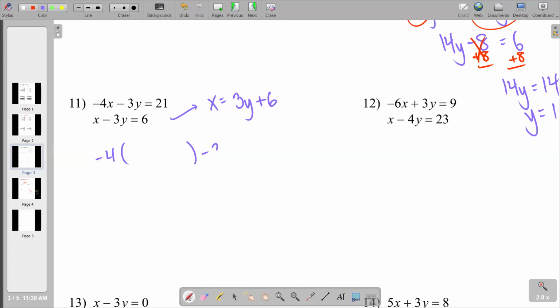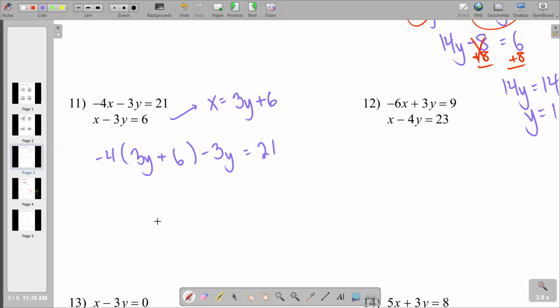Minus 3y equals 21. And in the algebra, you can put 3y plus 6. All right, now it's the moment of truth. Make good on your work. Distribute, then you just divide. What do you get?